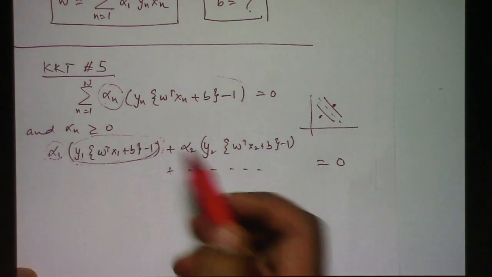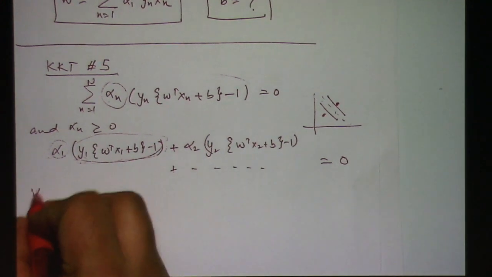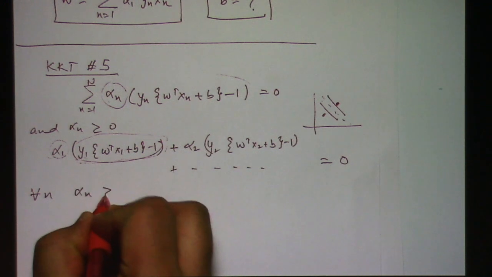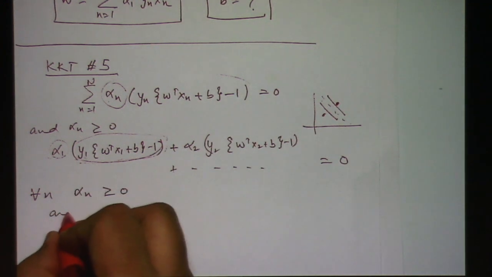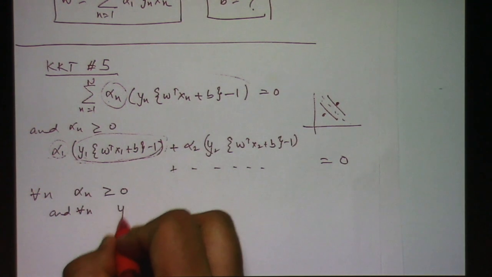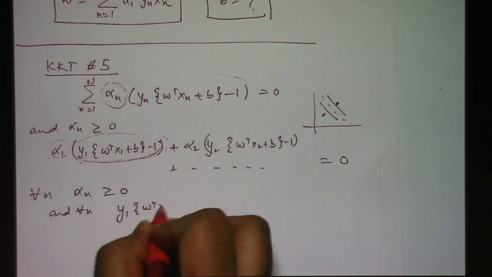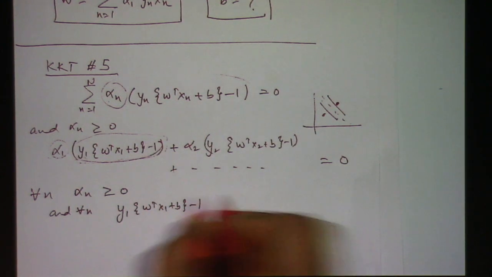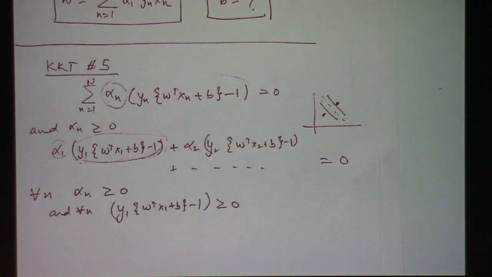Which means that for all n, alpha n will be greater than or equal to 0, and for all n, y_n times (w transpose x_n plus b) minus 1 will be greater than or equal to 0. So either they will be on the margin, in which case it will be equal to 0, or they will be away from the margin, and it will be greater than 0.